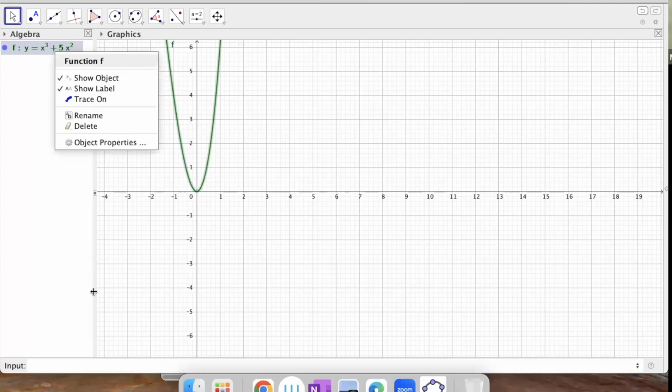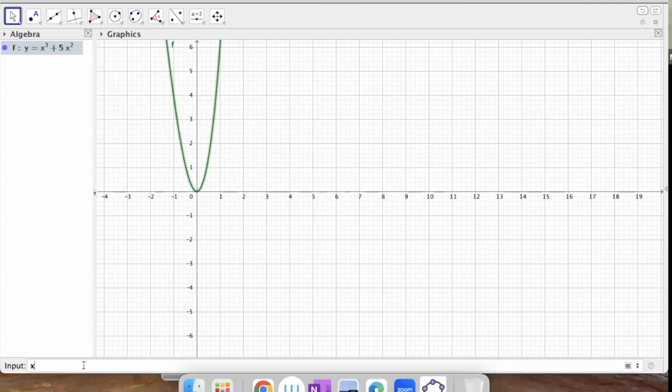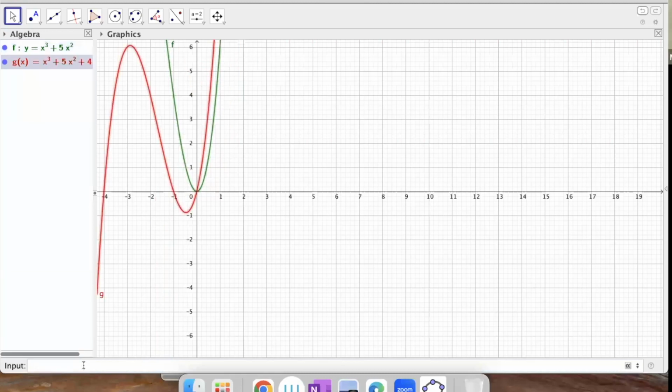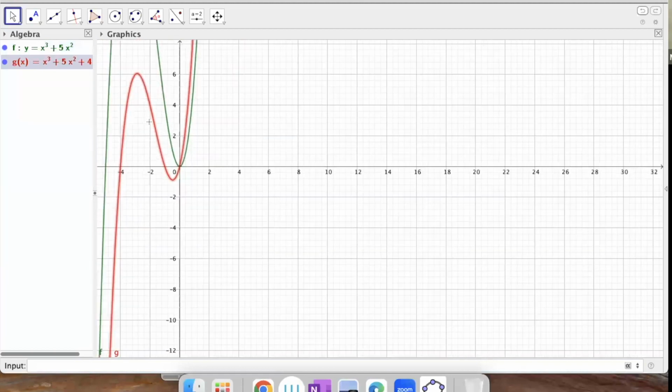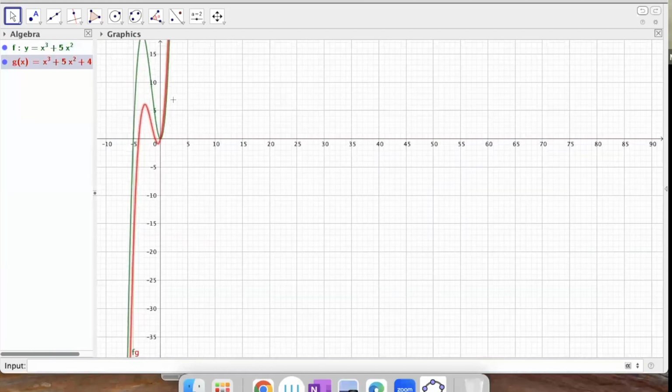And I needed to copy that. x cube plus 5x square plus 4x. This is how your graph looks like. Here is the complete look of that.